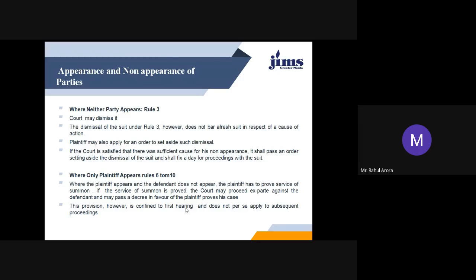As you all are aware, it is the duty of the plaintiff after his suit has been admitted to approach the court, fill the process fee form, and also serve the summons on the defendant.